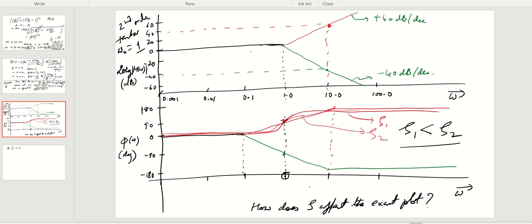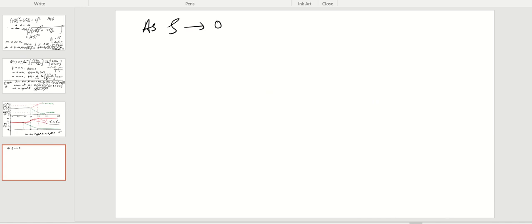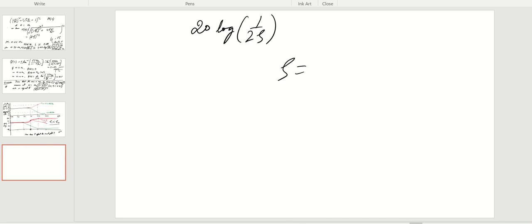So in the dB scale, it will come below 0. So it's 1 by 2 zeta. So what sort of a value does 1 by 2 zeta assume? Let me erase this. 20 log 1 by 2 zeta. What's a typical value? Let's say it's an underdamped system. Let's take zeta is equal to 0.8.